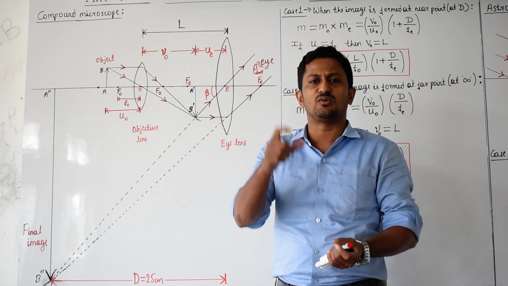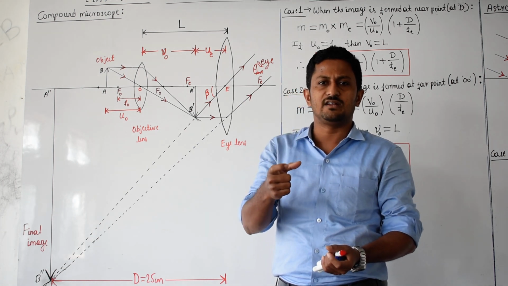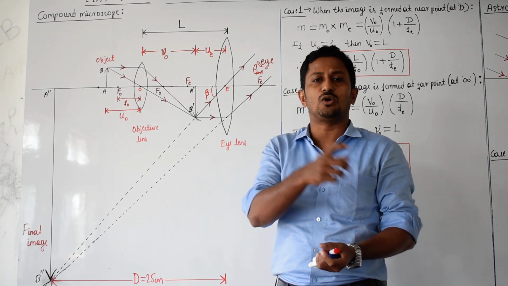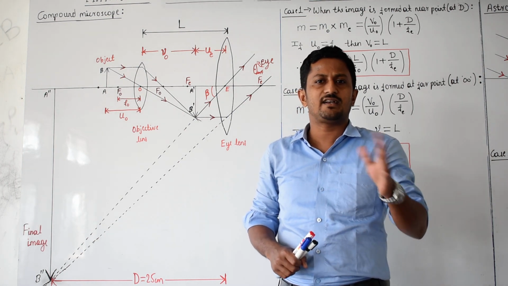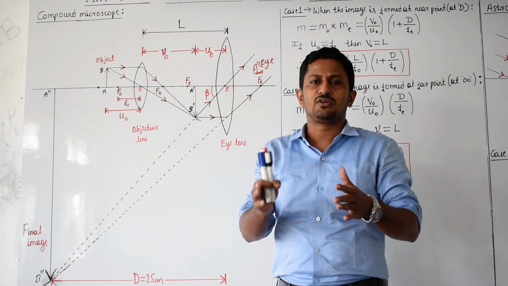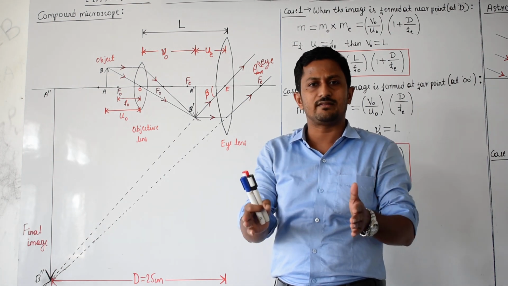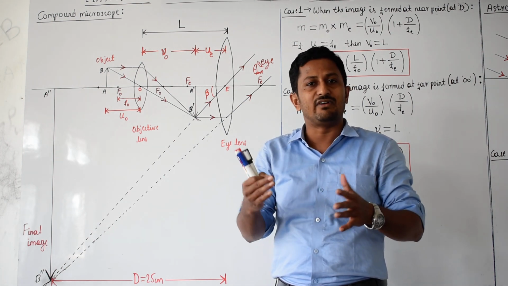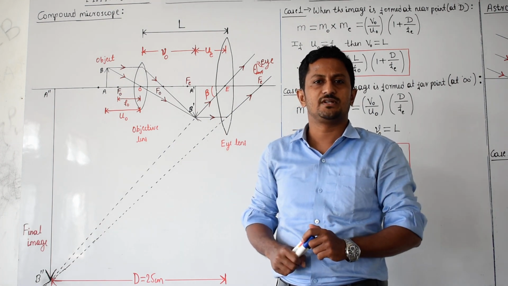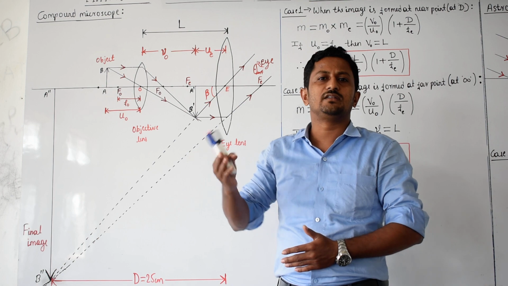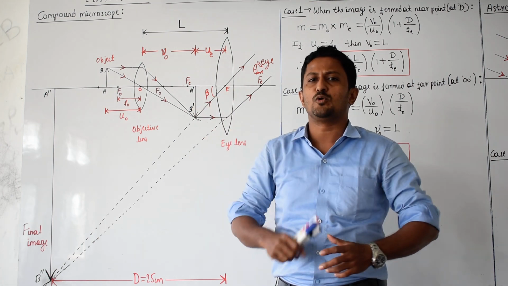I mean you take one single magnifying lens and through that you observe that small object. Even at that time, if you are not going to get a clear and well magnified image of that small object, then we go with the help of the compound microscope.